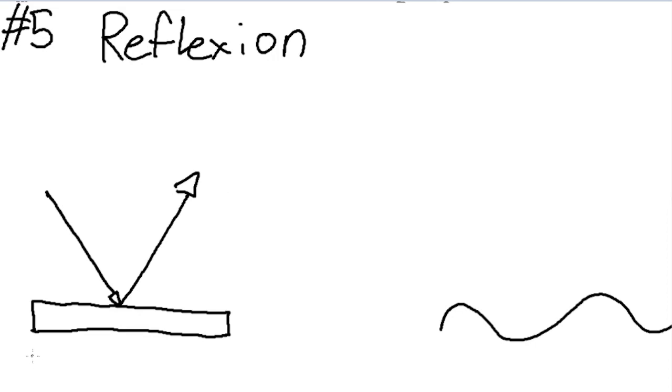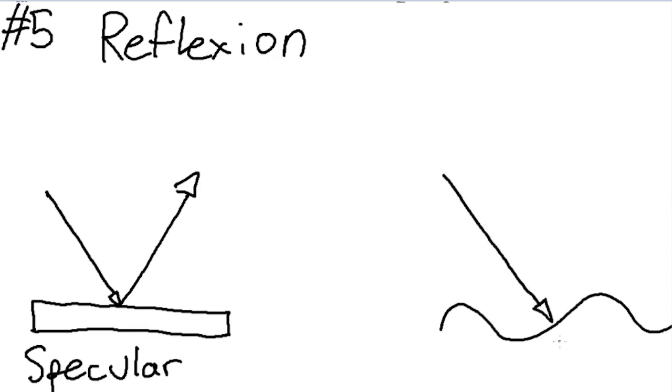This is called specular reflection. So light gets reflected in a single direction. And in the case of water, light gets reflected pretty much anywhere, right? It just gets reflected anywhere because it's not smooth.